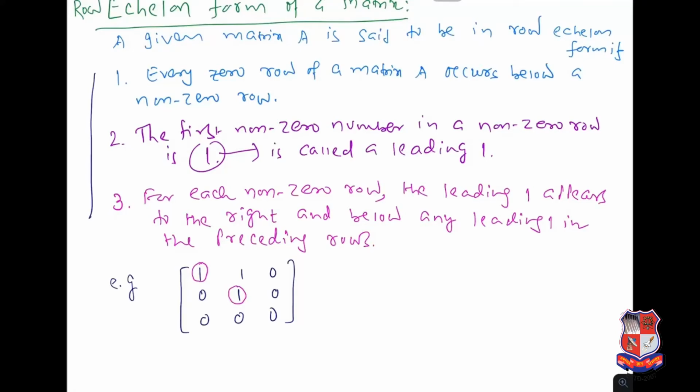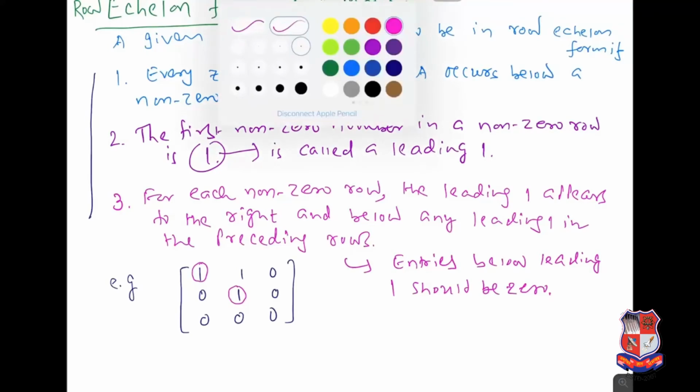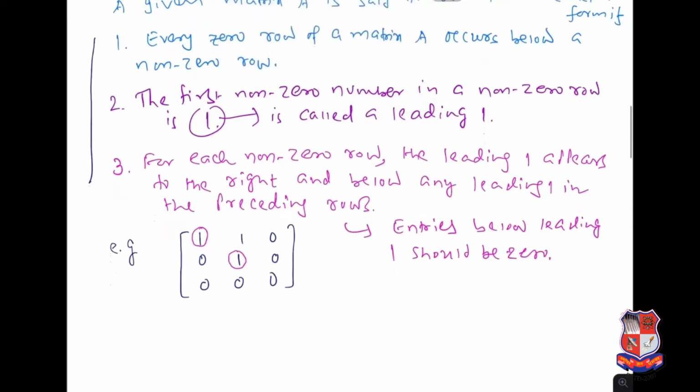In other words, if you have a leading one, the entries below the leading one should be 0. Then this form is called the row echelon form.